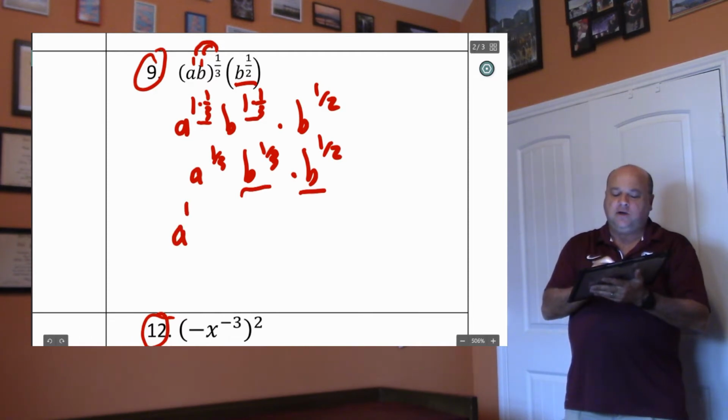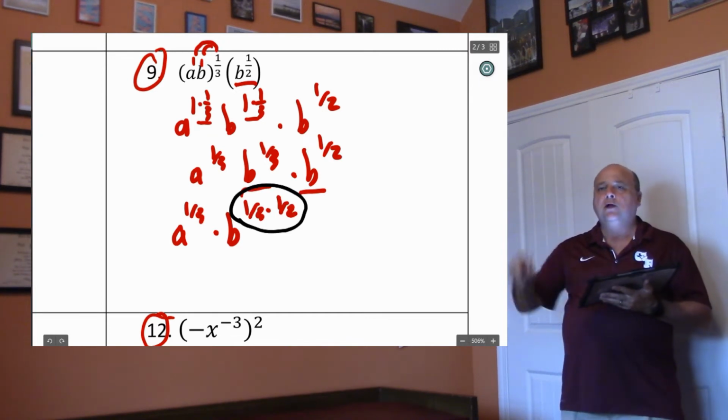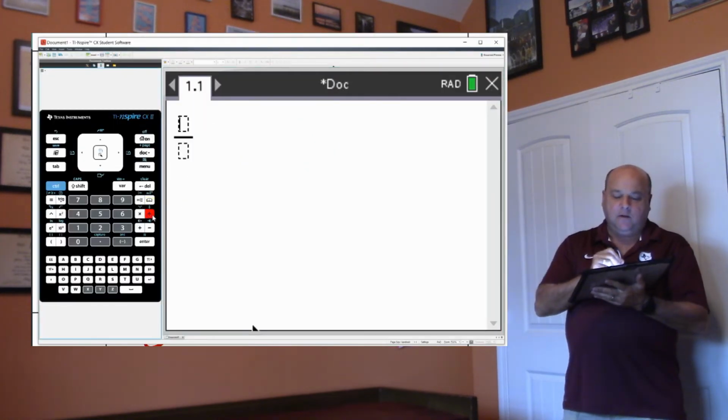So I'm going to have a to the 1/3 times b, and I'm going to add those exponents. You will need to punch this into the calculator. So punch control divide, and then type in 1 down 3. Just take the time and do it. Hit the right arrow button, punch plus, then hit control divide again, and then punch 1 down 2.